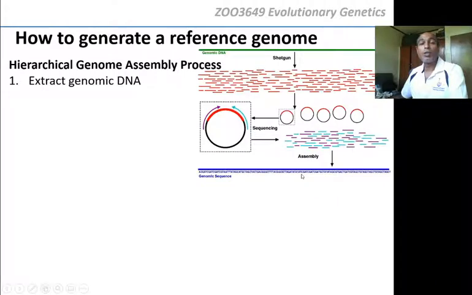Okay? So what do we do? Here it says shotgun. That basically means we restrict, chop it up into millions and millions of little pieces like this. Then what do we do? We ligate them into a vector. Okay? We amplify them and we sequence them.